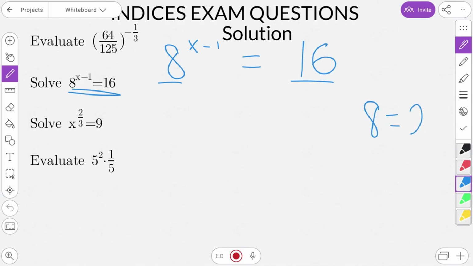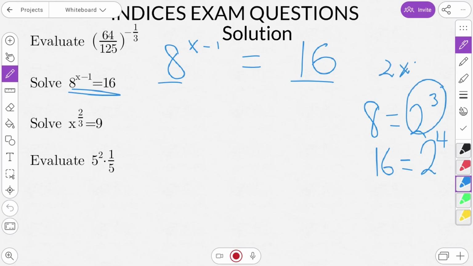8 is equal to 2 raised to an exponent of 3, while 16 is equal to 2 raised to an exponent of 4. So with these two, we can represent them as 2 multiplying itself 3 times, and 16 as 2 multiplying itself 4 times, respectively.